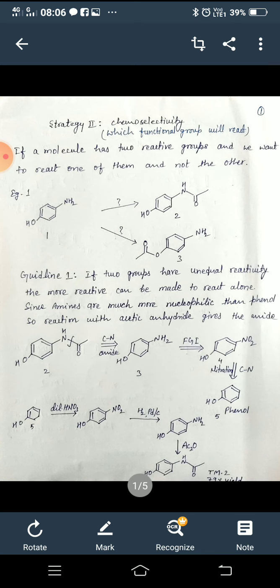Or if there are two same groups on the benzene ring and we want to react only one group, then what will we do? Here I am taking an example: NH2 group and OH group attached to the benzene ring at the para position. Then there are two possibilities: the NH2 group reacts or the OH group reacts.